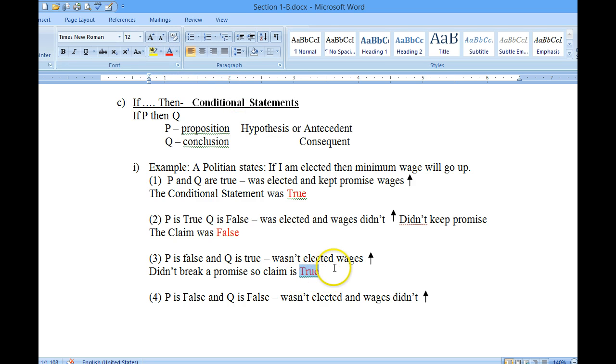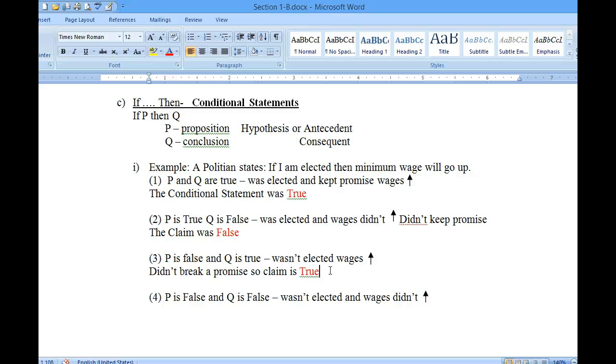We have nothing to suggest otherwise, that this politician was lying or didn't break their promise. So in an if-then, or a conditional statement, if I have false and then true, the whole statement is true. The other option is if P is false and Q is false.